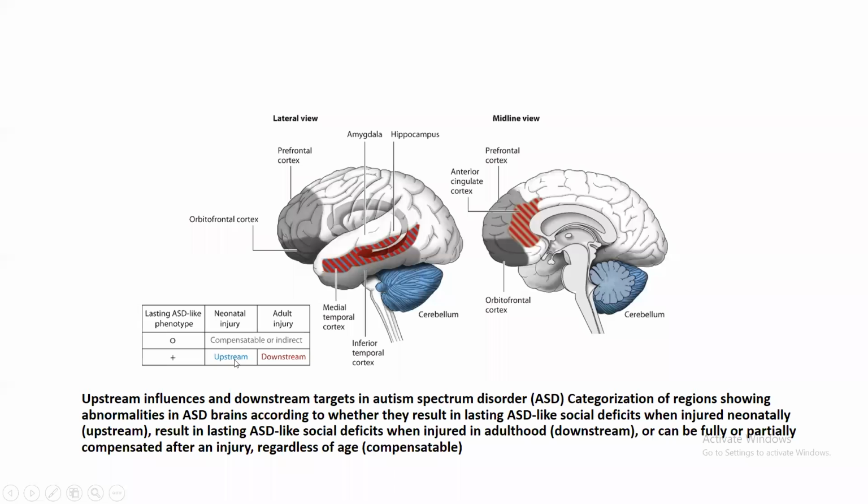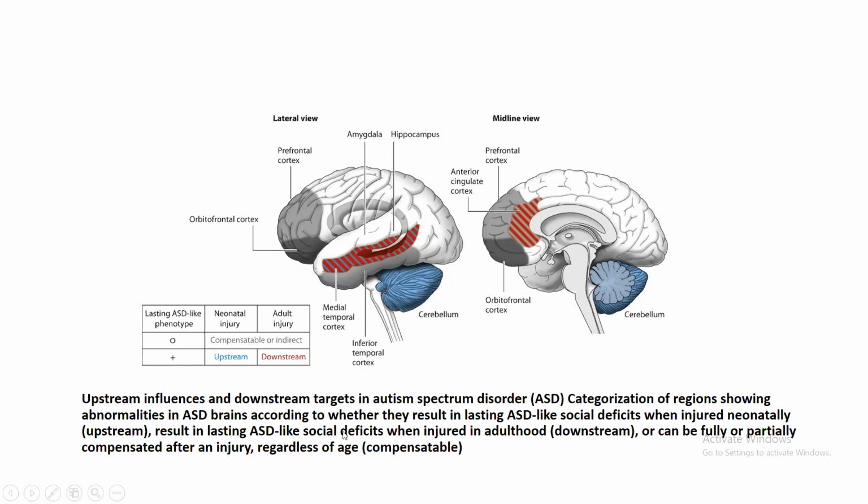In medical terms, we have two terms, upstream and downstream. Upstream influences and downstream targets in autism spectrum disorder are a categorization of regions showing abnormalities in the ASD brain, according to whether they result in lasting ASD-like social deficits when injured neonatally, that is, when the disorder affects the individual before pregnancy and before giving birth. This is called upstream.